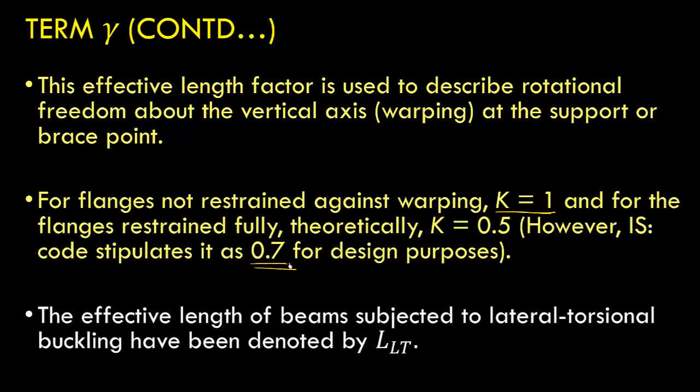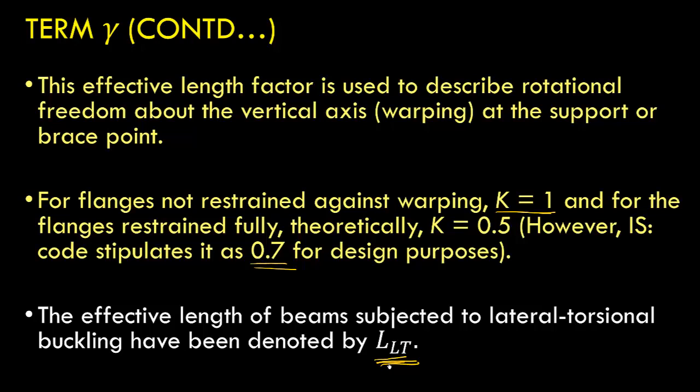The effective length of a beam subjected to lateral torsional buckling is also denoted by L sub LT. So we will use this term, where LT denotes lateral torsional buckling.